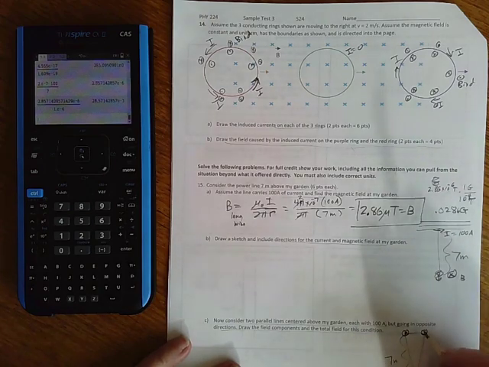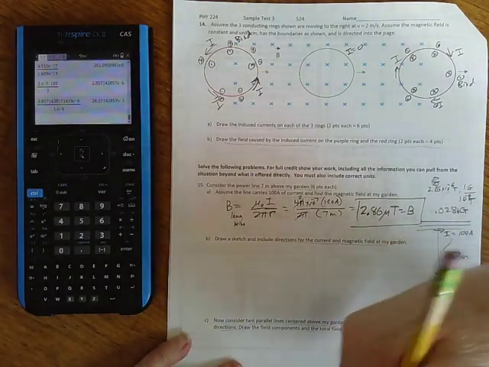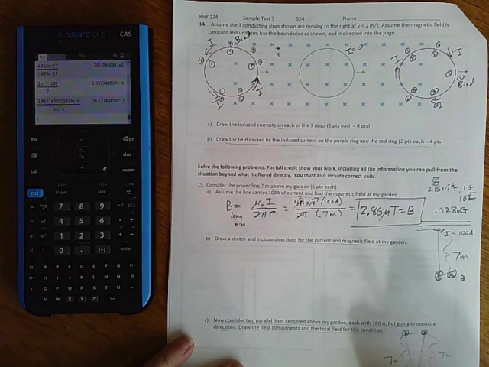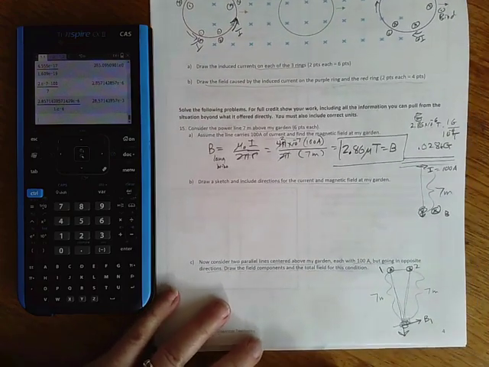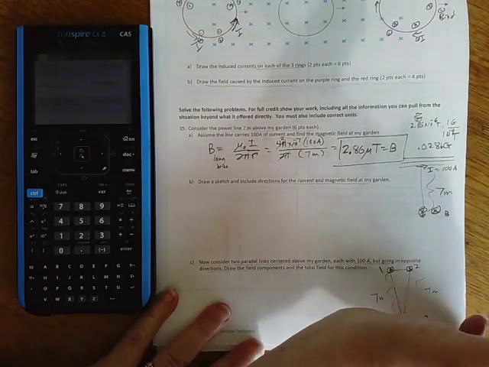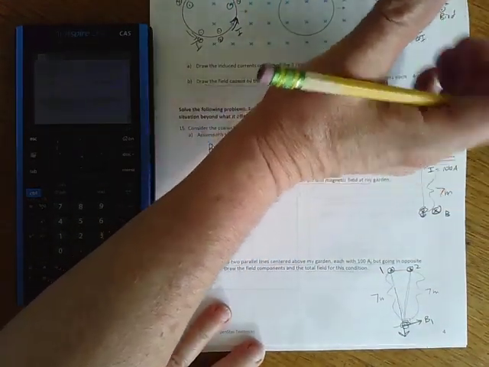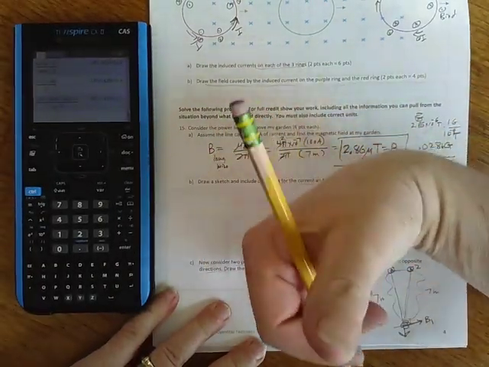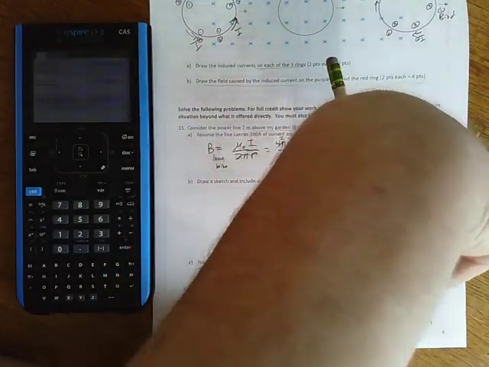All right, the B field, let's go with this one first. The current's coming straight out of the page, so the field is going to be perpendicular to this radius. We call this 1 and this 2, so B1. Again, current's coming out of the page, and so it's going around like this. For this one, current's going into the page, and so we're going to curl like this.